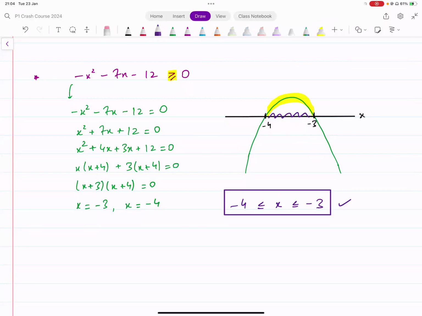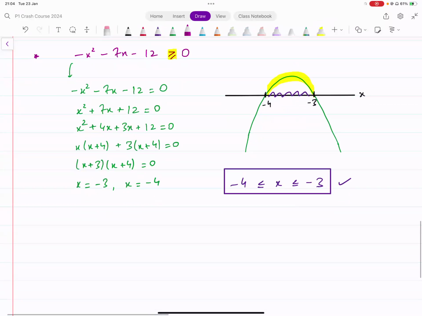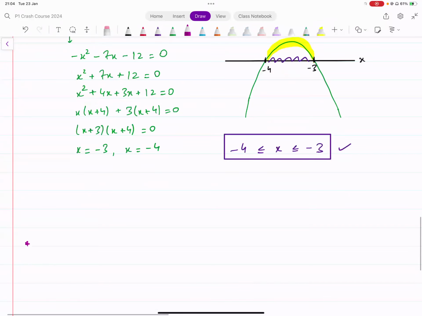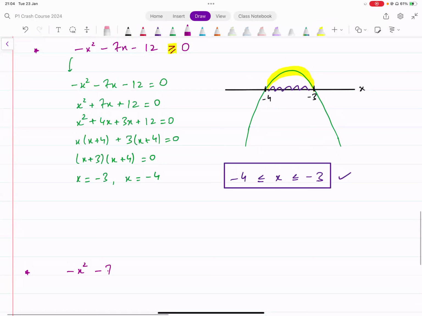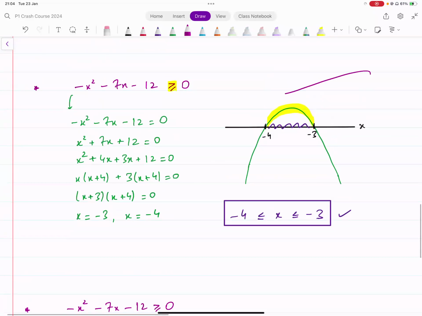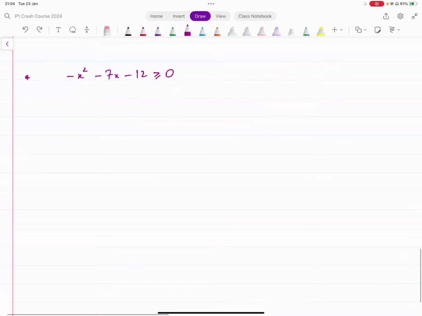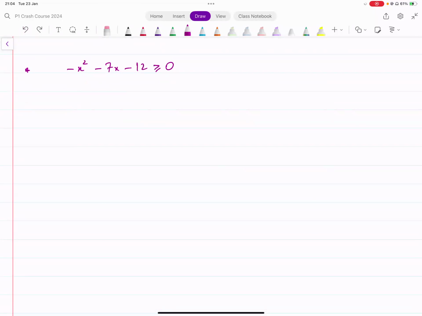Another way of doing this could be that we change the inequality first of all, before making this an equation. So this is one possibility, and this is perfectly correct. There's nothing wrong with this. This is a method that you can use. Another thing that we could also do is we could first make the coefficient of x squared positive.